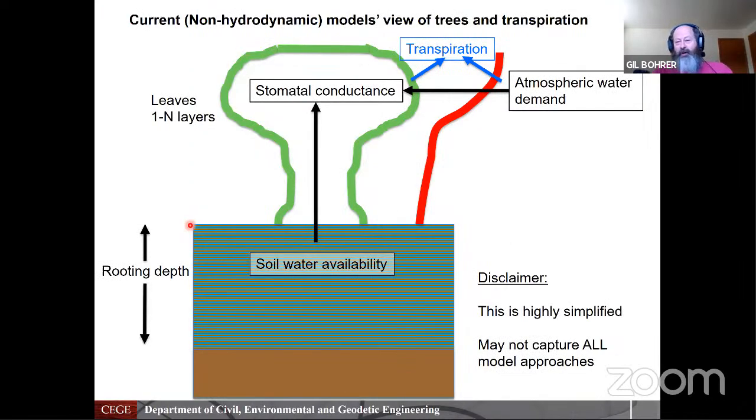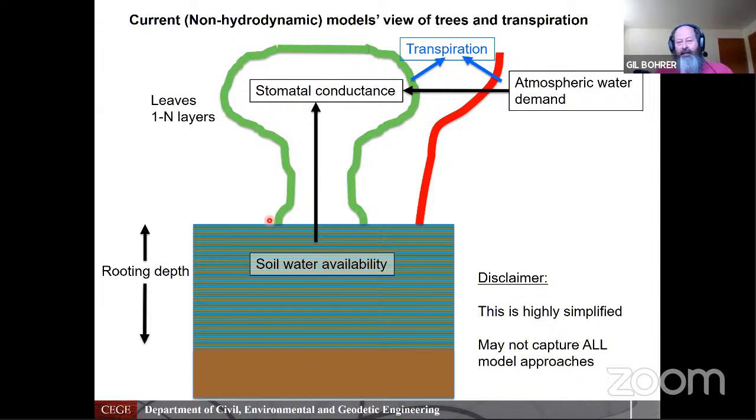So all Earth system models totally ignore this fine point. They represent trees as a bunch of leaves, basically either a cloud or a sheet of leaves hovering within the canopy air, which is either the boundary condition for the atmosphere or part of the first layer of the atmosphere. And they have stomata, which control the fluxes of water.